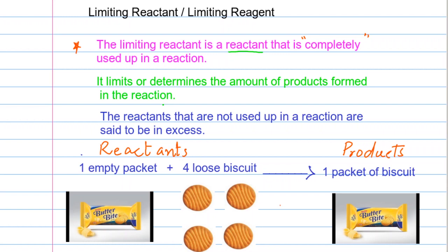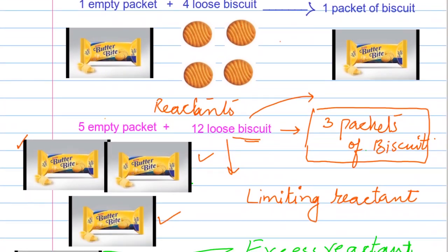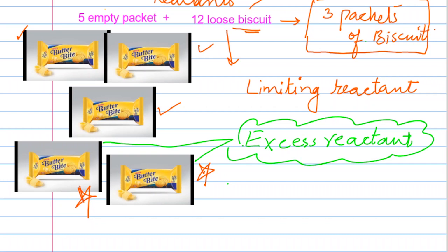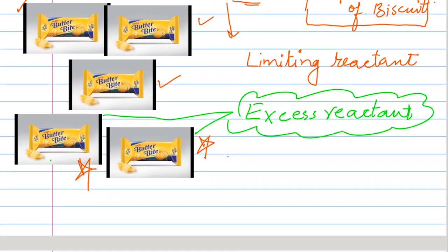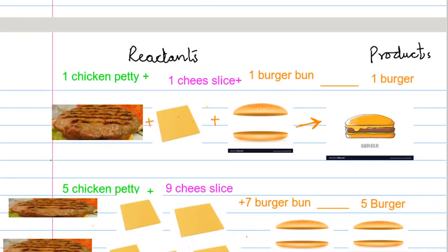So the limiting reactant will determine the product. Good. The reactants that are not used up in a reaction are said to be in excess. So the packets which remain behind are called the excess reactant or excess reagent, the 2 empty packets. I would like to give you more understanding with one more example from daily life.